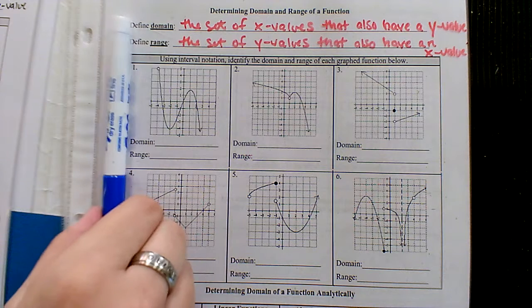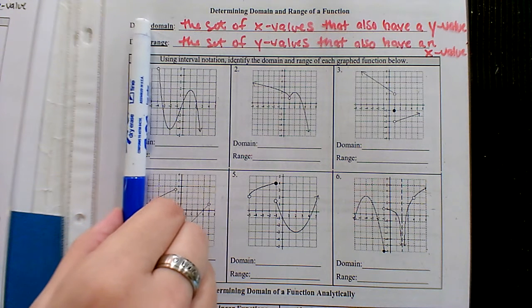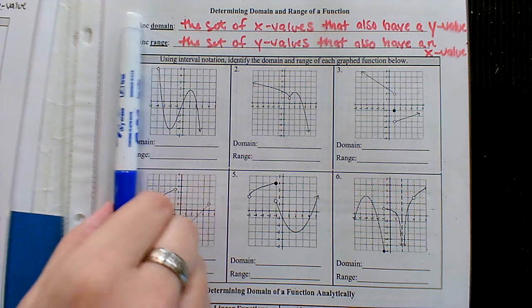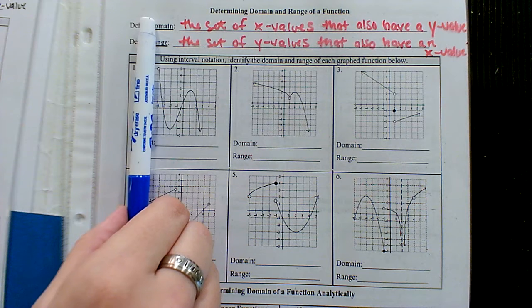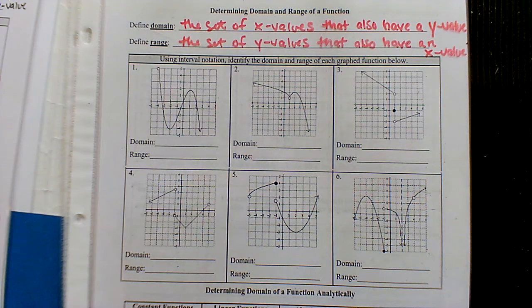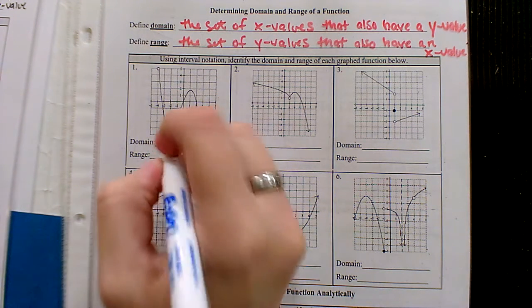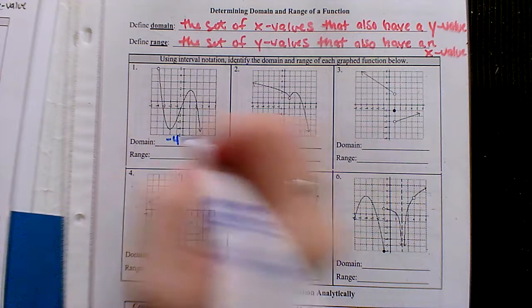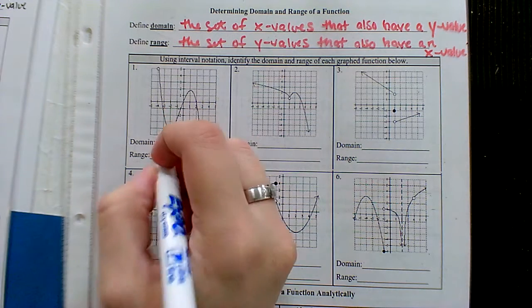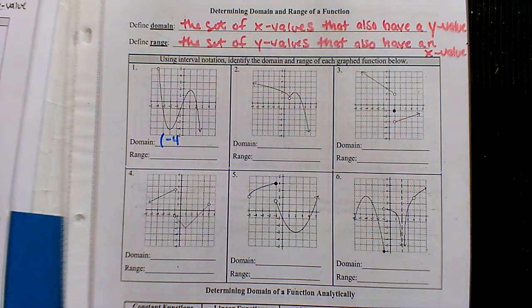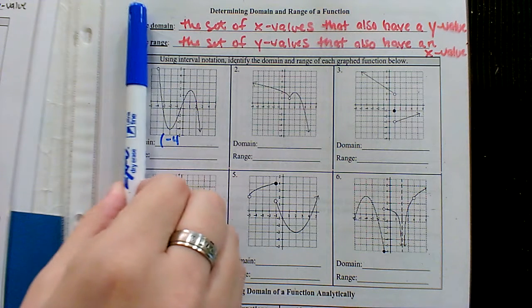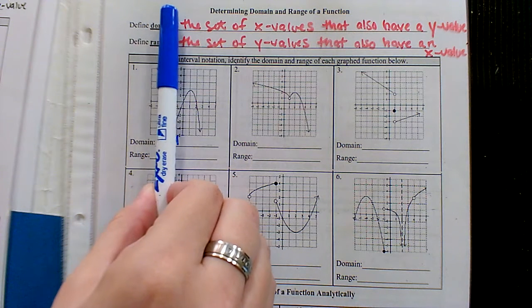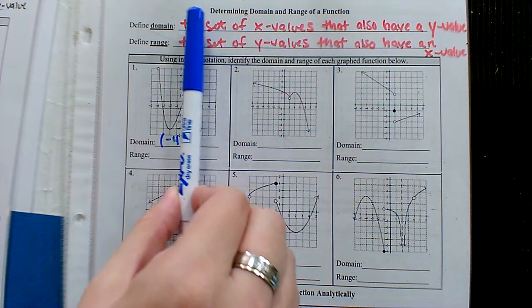If you were to start on the left and start to drag your pencil, where's the first point that this graph begins? Can we find that? -4. Can we include -4? No. Okay, so we're going to use a parenthesis. As you drag your pencil, when do you stop touching a point on your graph?